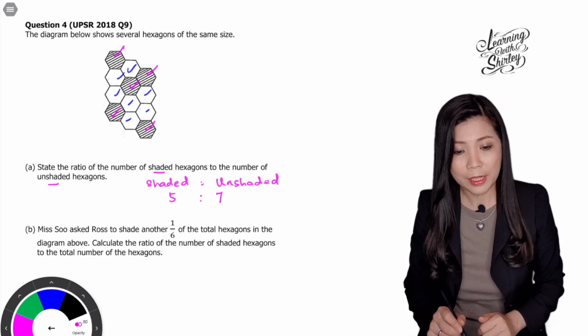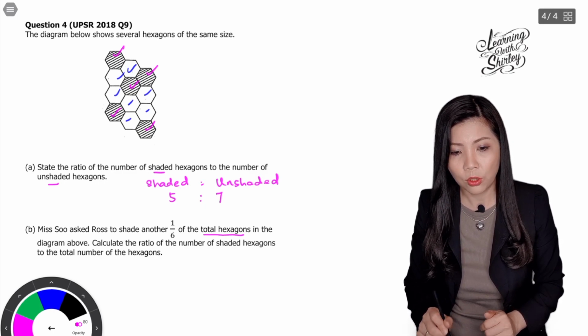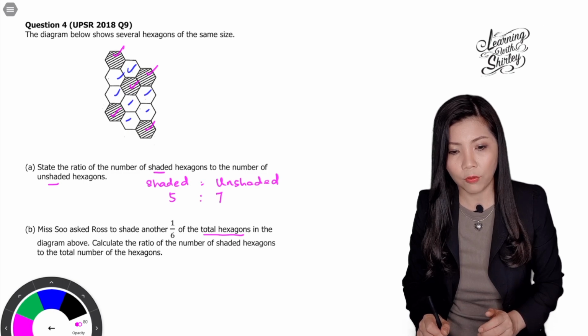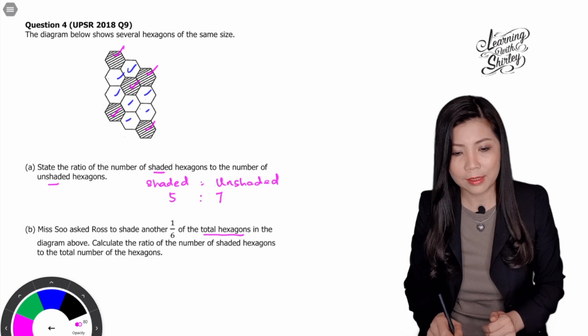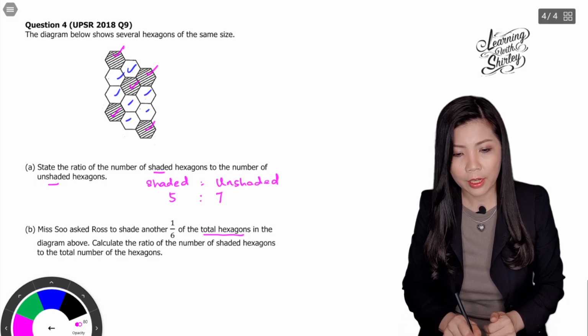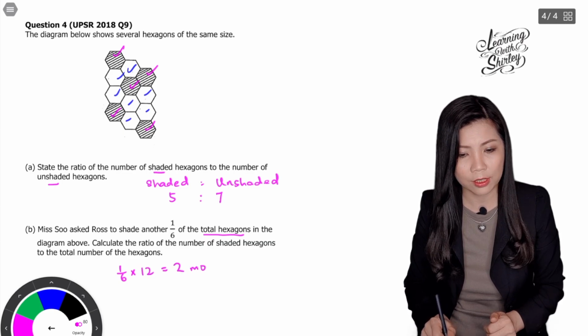Let's look at B. Misu asked Ross to shade another 1/6 of the total hexagons. So total hexagons will be the total of shaded hexagons plus unshaded hexagons. So it will be 5 plus 7, which becomes 12. The working is 1/6 times 12, which means that you need to shade 2 more hexagons.